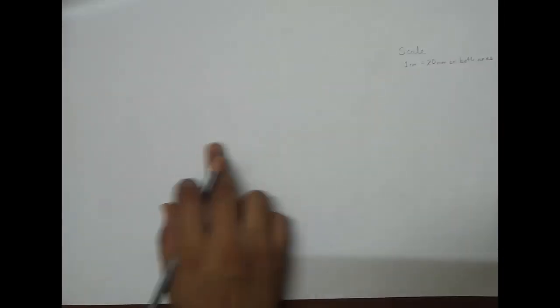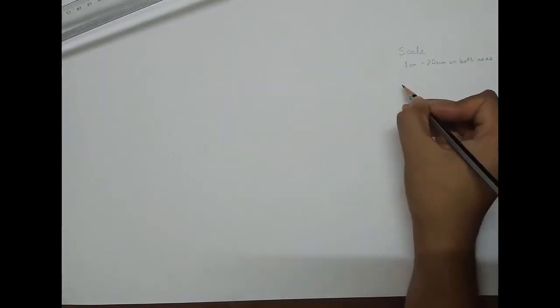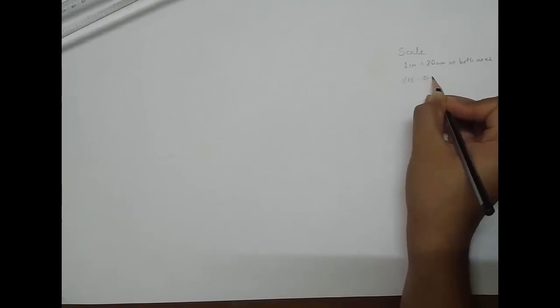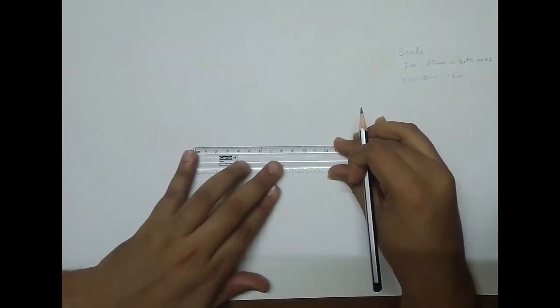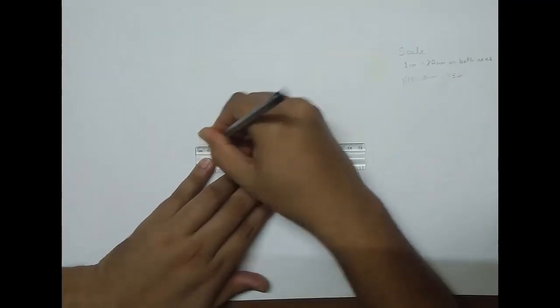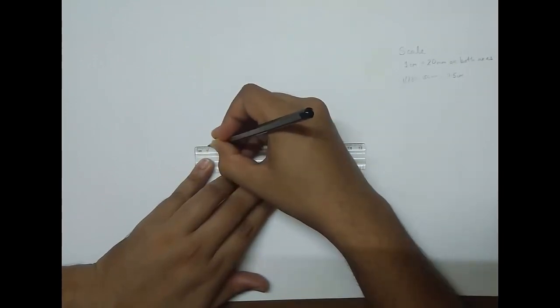Okay. So first we have to draw a horizontal line of 150 mm. Okay. So 150 mm. Length AD is 150 mm. So according to our formula, it will be 7.5 centimeter. Okay. So drawing link AD.